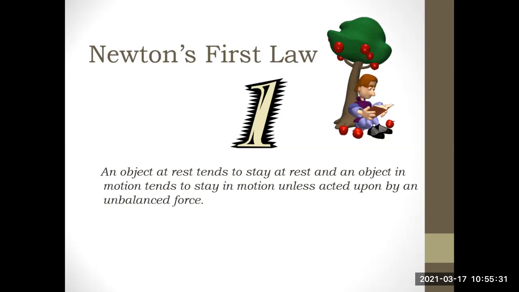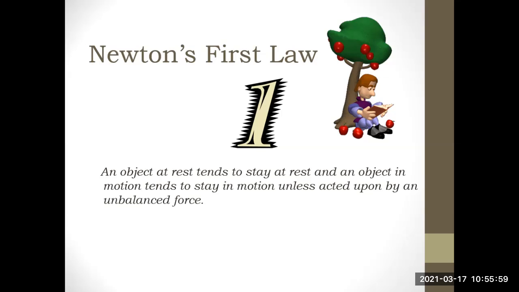Now you will tell me, ma'am, we have just read this statement, we have not understood anything. Now see, we will go one by one. An object at rest tends to stay at rest. If I am sitting in a rest position, I will stay in the rest position only. And an object in motion tends to stay in motion.